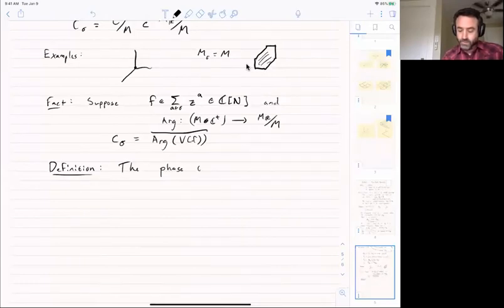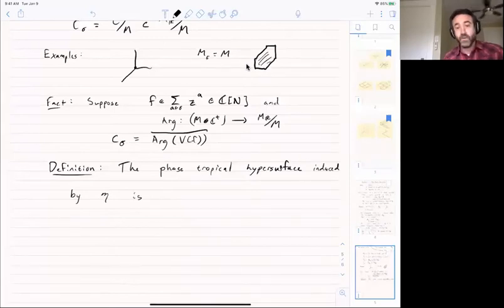Phase tropical hypersurface, I should say maybe induced by eta. Eta is this following space, I'll write it as script T, eta.